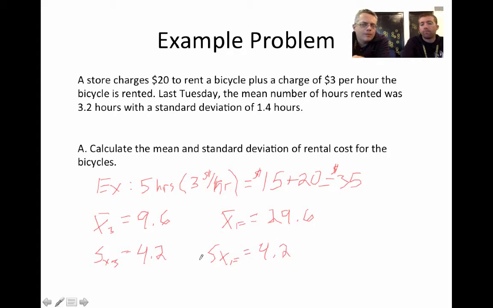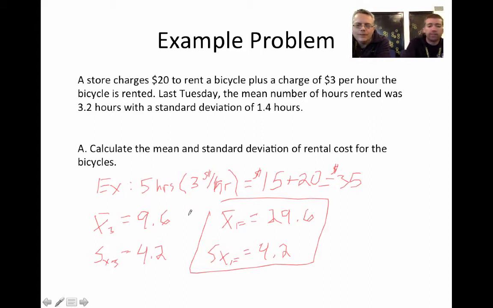So when we have problems where there's really 2 transformations combined, you can think through it one at a time. Multiply the data by 3, these would be the statistics, and then add 20, and we get the final statistics. So our final answer tells me that on average they made $29.60 for bike rental fees. The standard deviation is $4.2.